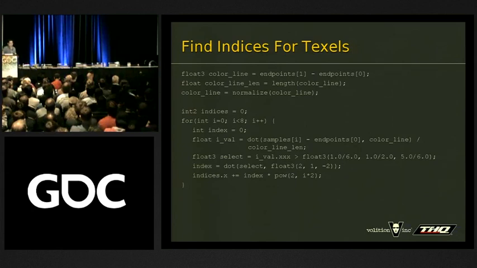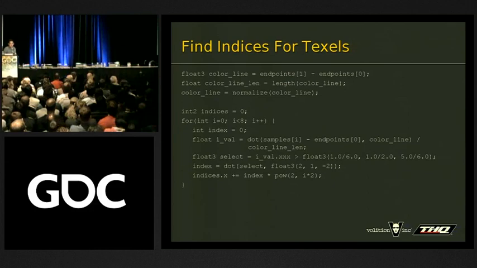Once you've got that relative distance along the line, you can compare it to a set of values. So the operation there is comparing to give me essentially a bit field of am I greater than the first, am I greater than the second, the third, and the fourth stored colors. Once you've got that comparison, you can take the result and use a dot product to multiply it with some constants that I have here.